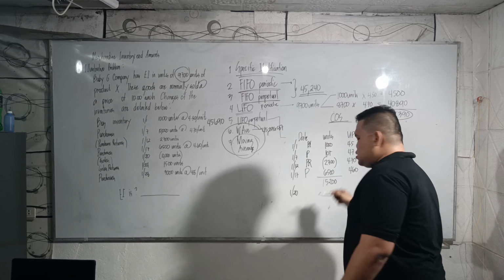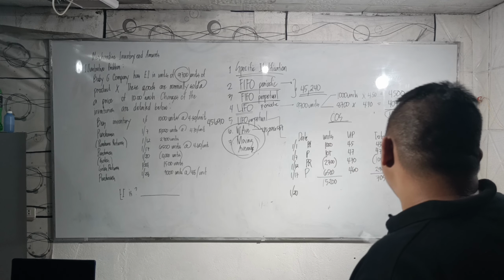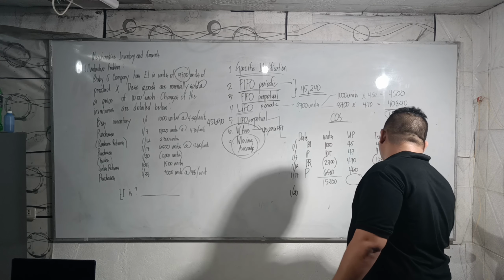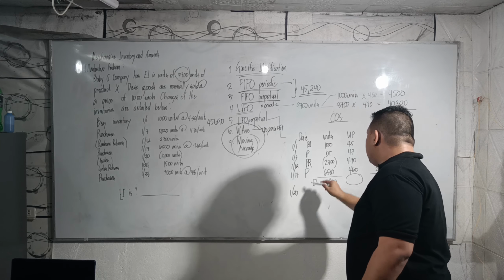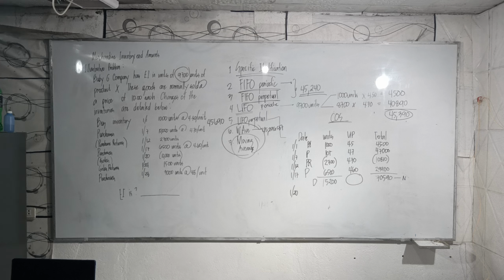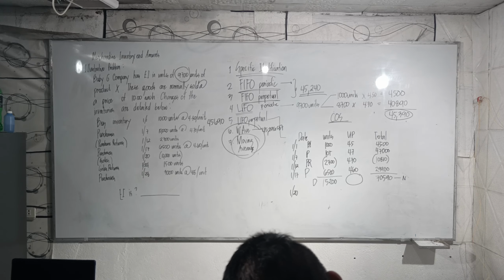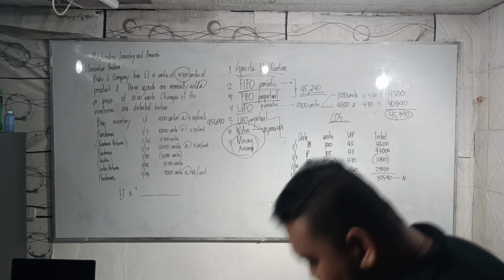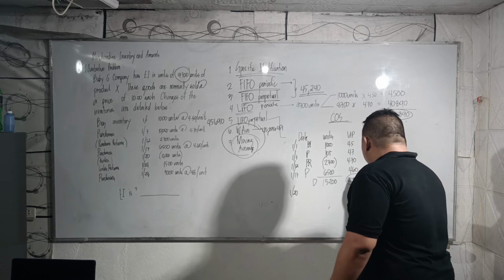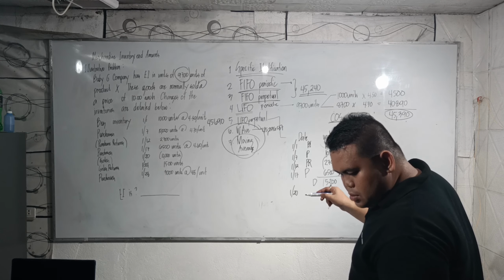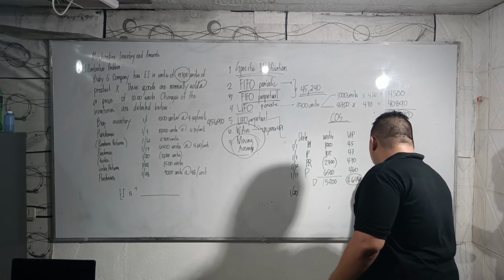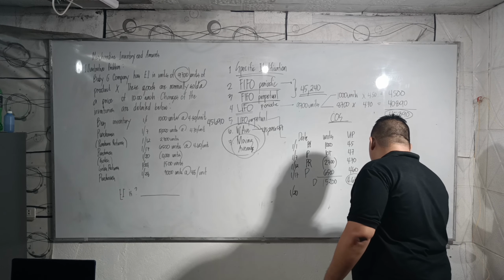So that is 15,200 units. And what do we do? We get the average. We make this the numerator, and we make this the denominator. So 70,590 divided by 15,200, that's 4.64407895. Okay.